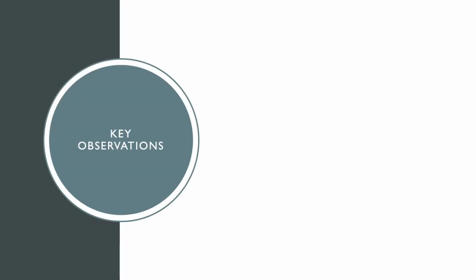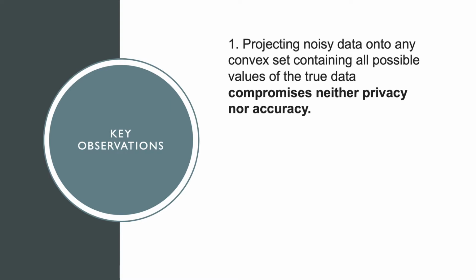First, we made some key observations on this problem setting. Note that we use noisy data to refer to the data perturbed by the privacy paradigm. First, we observed that projecting the noisy data onto any convex set containing all possible values of the true data will compromise neither privacy nor accuracy.